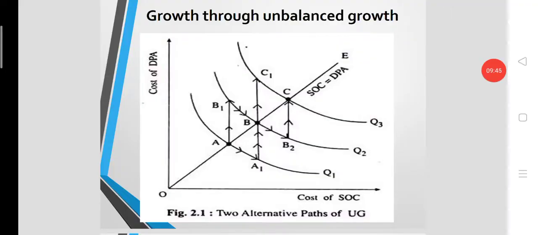And this is the diagram showing the growth through unbalanced growth theory. Let me try to explain this diagram simply. You can see along the horizontal axis, cost of social overhead capital is measured.